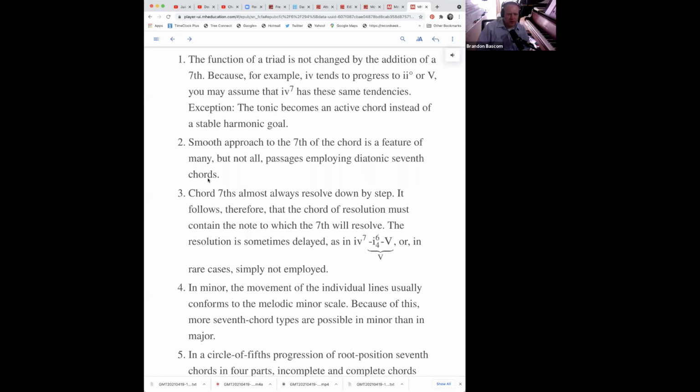What problems did I create? The fifth and the bass.